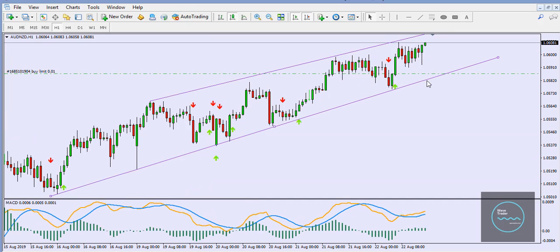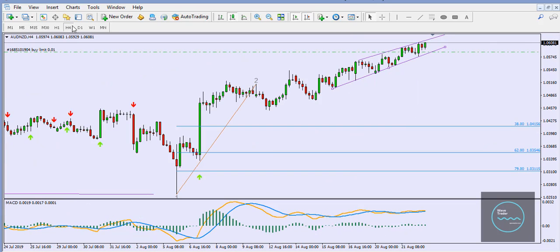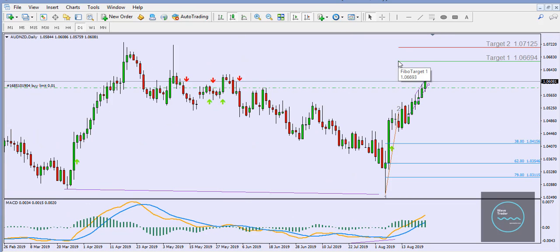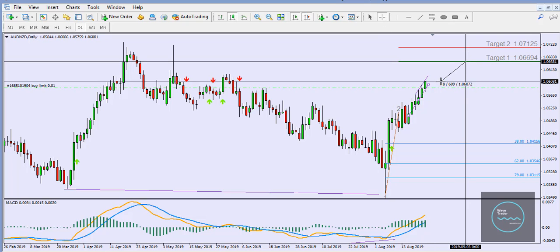So I placed an order here hoping for a retracement to the 50% and I missed it. But that's not a problem. All I have to do is keep going. This is the 15-minute chart. All I have to do is go lower, and the market will retrace and I'll get in. My target will be the first target for now. That's still reasonable, about 60 pips from where the market is currently.